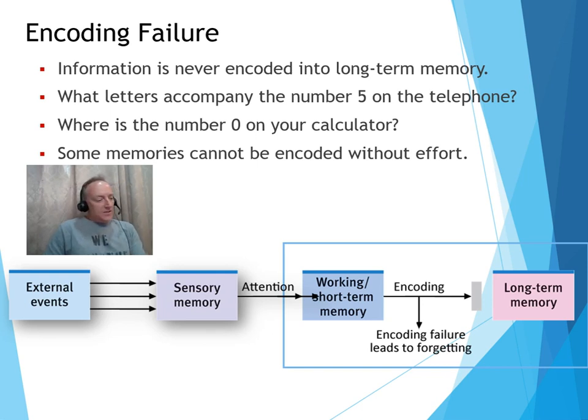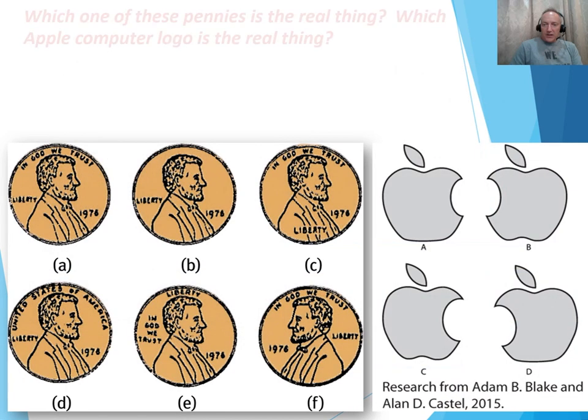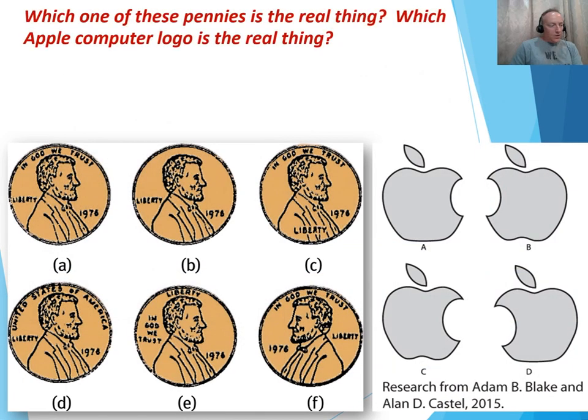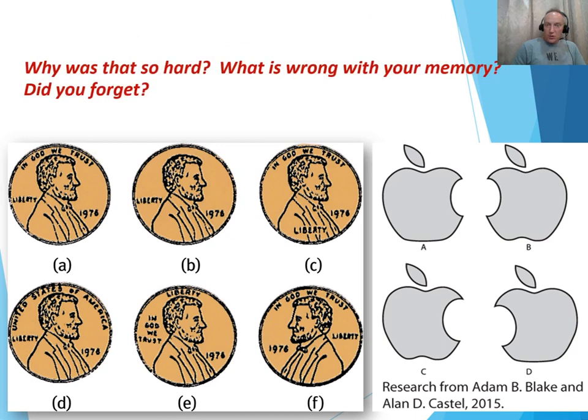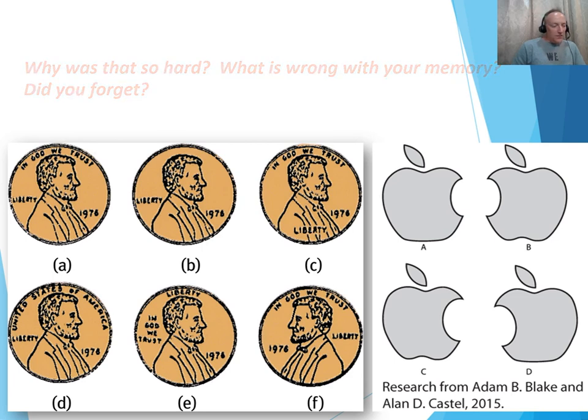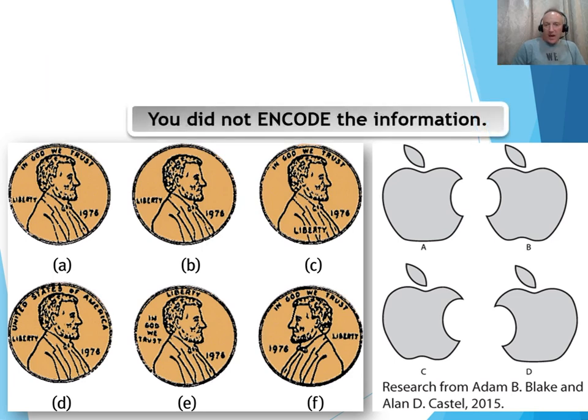So some examples of failure. Only one of these pennies is the real thing. Can you determine which one it is without pulling out a pocket full of change? Only one of these Apple icons is the real thing. Which one is it?